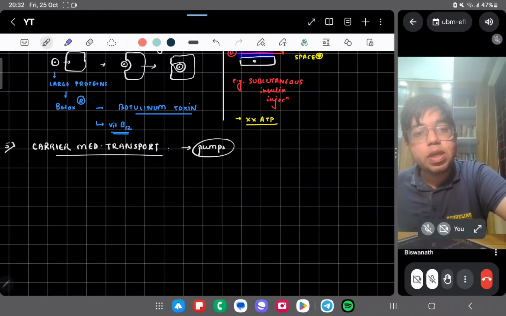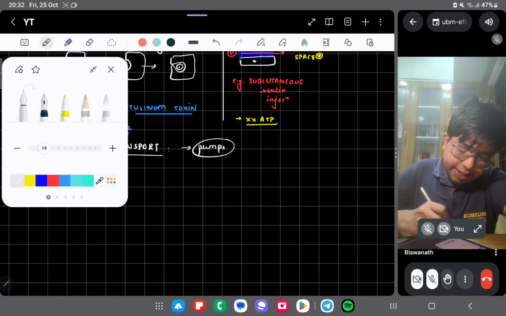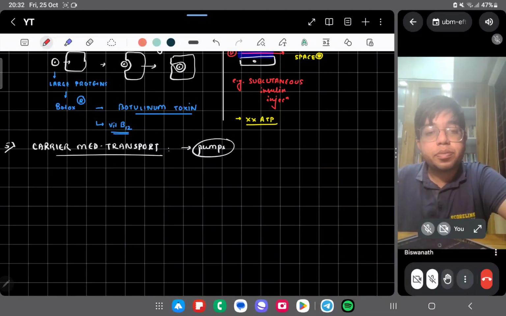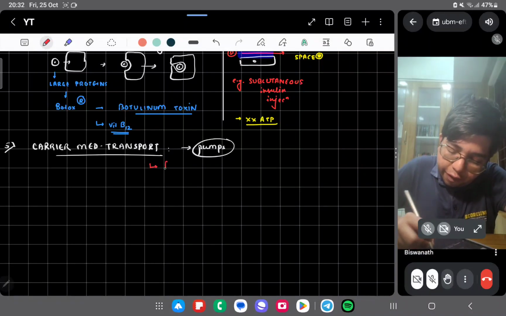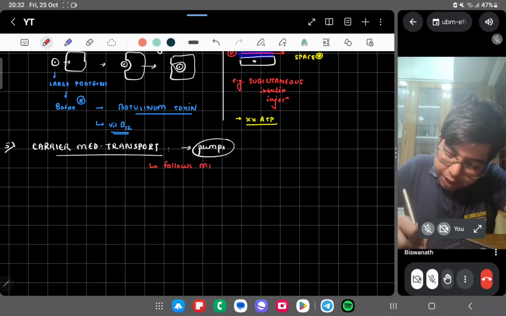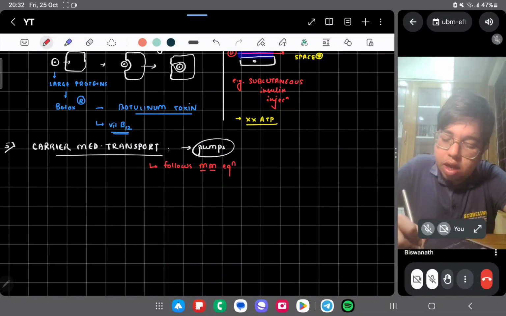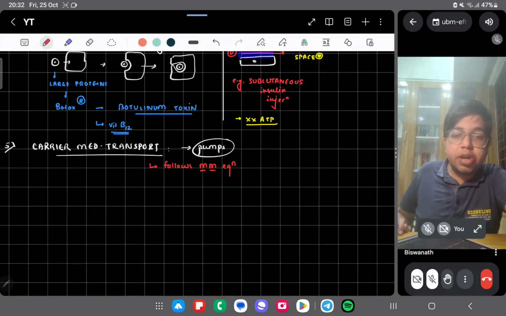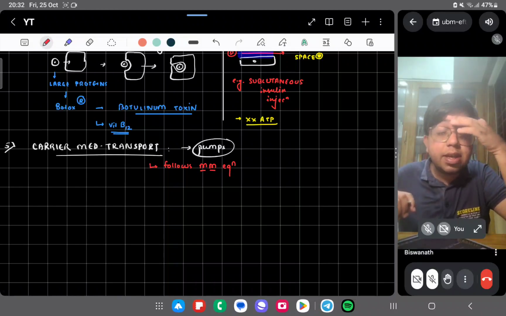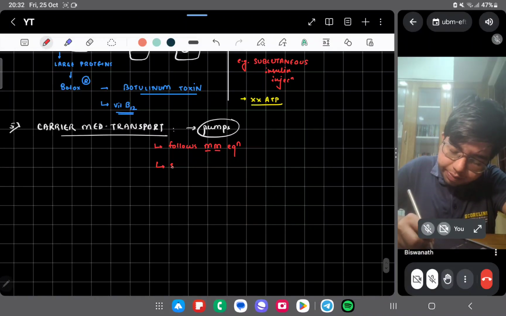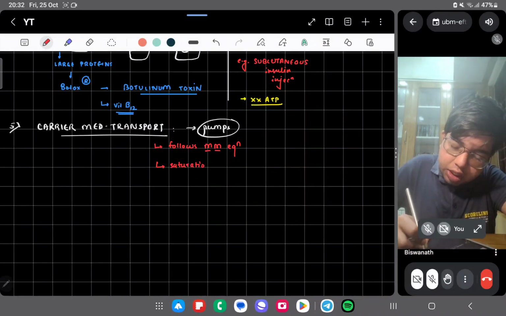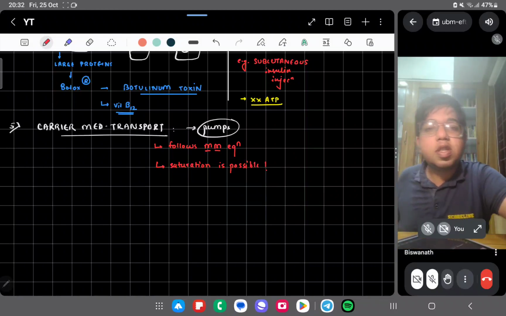There are many pumps, and the basic funda is that this will follow the Michaelis-Menten equation. You must have read about the Michaelis-Menten equation in your enzymes chapter in your pre-medical days, right? Saturation is possible.